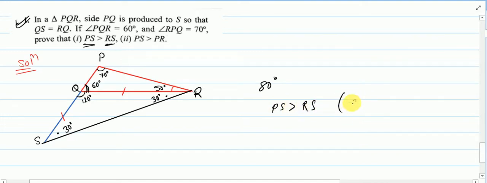Reason is greater side opposite greater angle. Okay, we'll write it properly. Okay, so this was just explanation, so let us write it down.